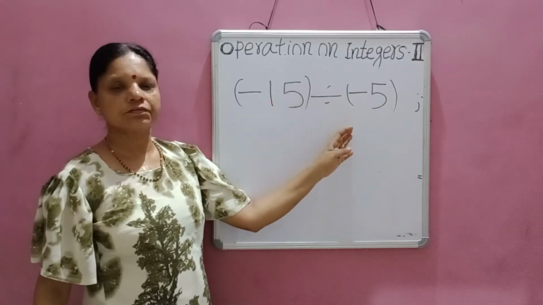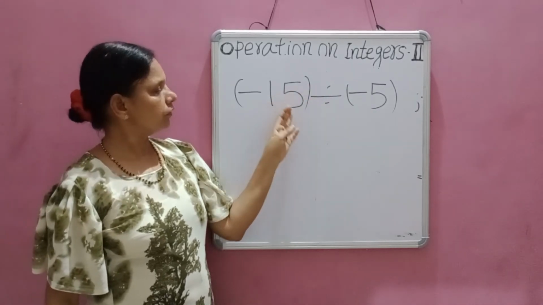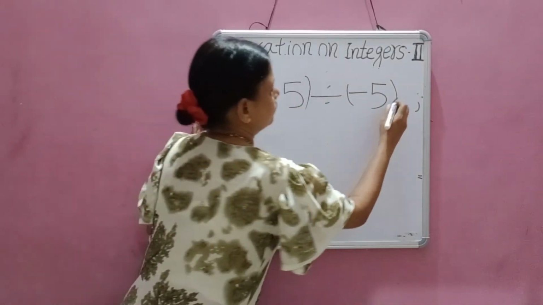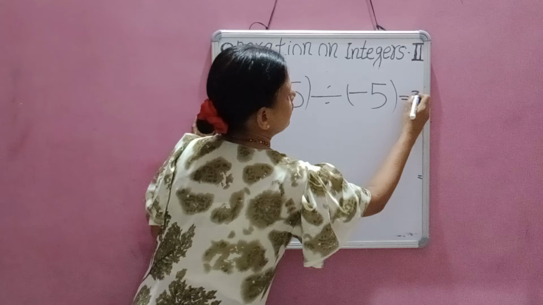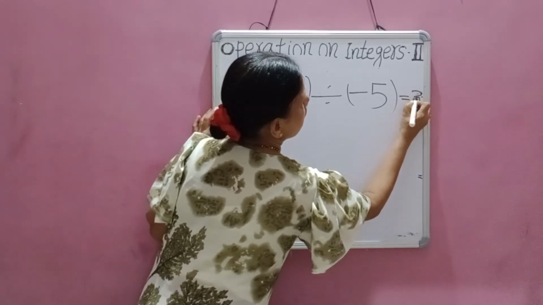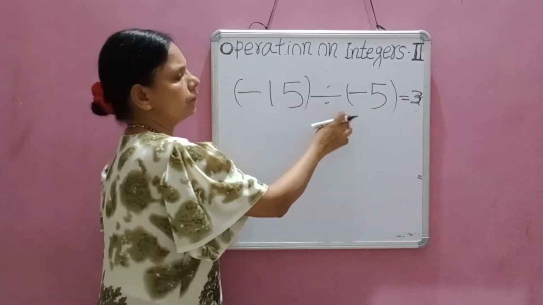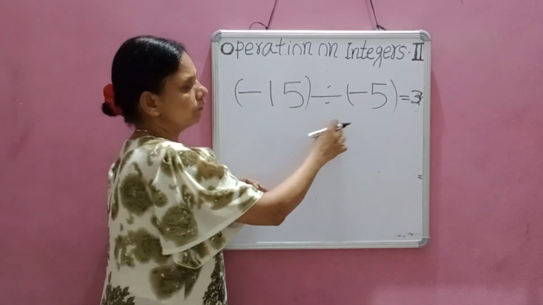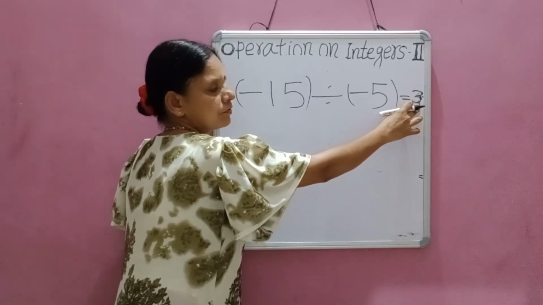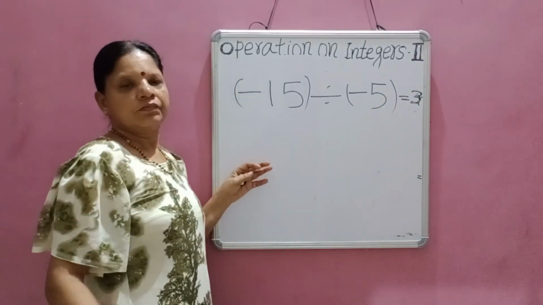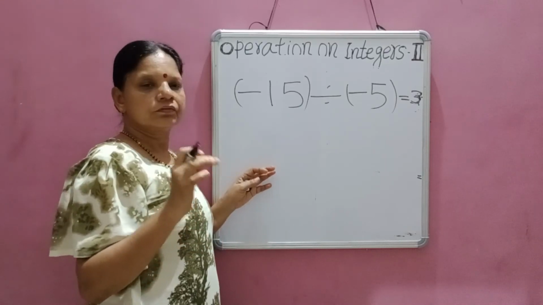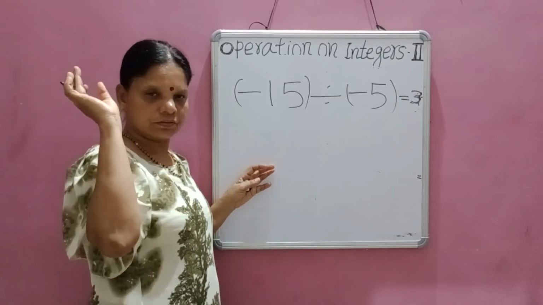Without considering the sign, we know that 15 divided by 5 is 3. What is the answer? 3. And if both the numbers are negative, then the quotient also will be positive, similar to the rule of multiplication.